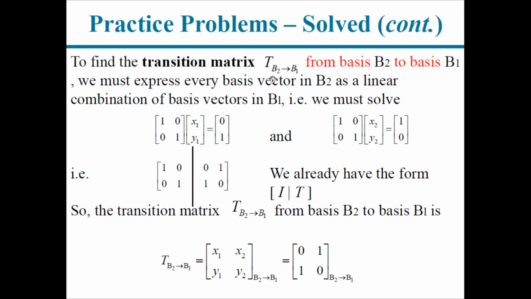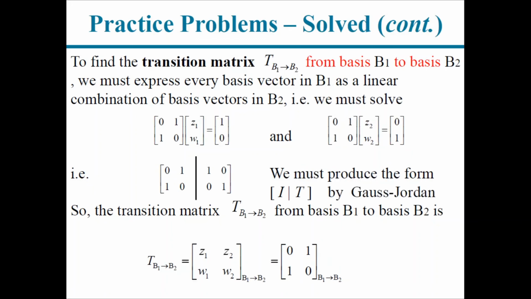The transition matrix from B2 to B1 means that I need to find the coordinates of each vector from B2 as a linear combination of vectors in B1. So I need to find the coordinates of vectors from B2 in B1. Just simply solve. Here we already have the correct form, identity slash something, and that something is automatically the transition matrix. Obviously it's 2 by 2 and it is invertible.